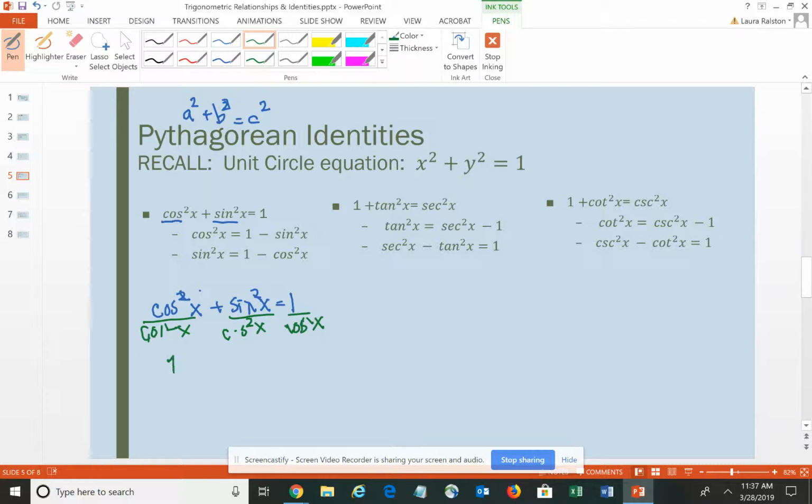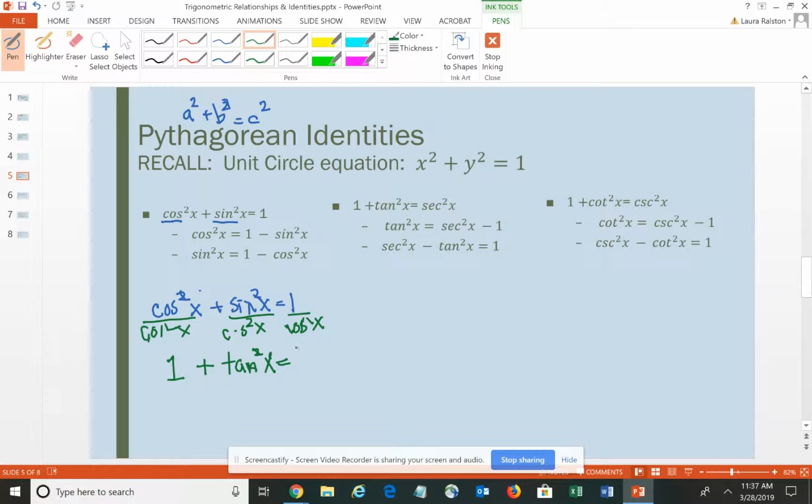Okay, so that gives us 1. Cosine squared over cosine squared is 1. Plus sine squared over cosine squared. That's the quotient identity, and that gives us the tangent squared x equals, and then 1 over cosine, that's the reciprocal.